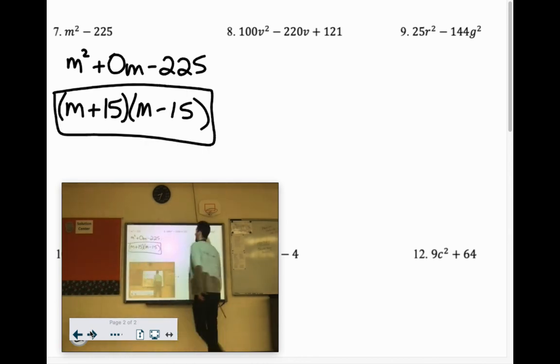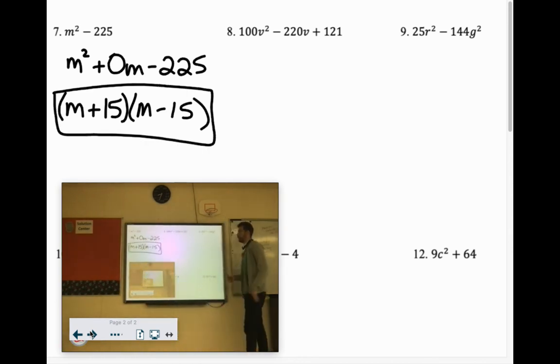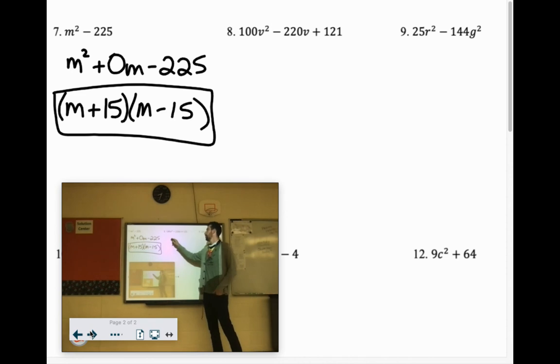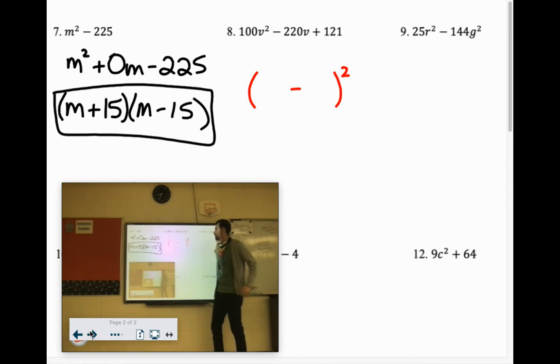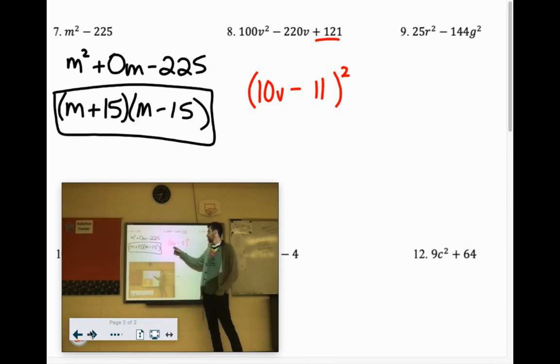Over yonder, I have 3 terms. So when it's 3 terms, it's going to be one of those perfect square things. Is there a common factor? No. Square root of 100v squared would be 10v. Square root of 121 is 11. Let's double check. If I multiply these together, I get negative 110v.